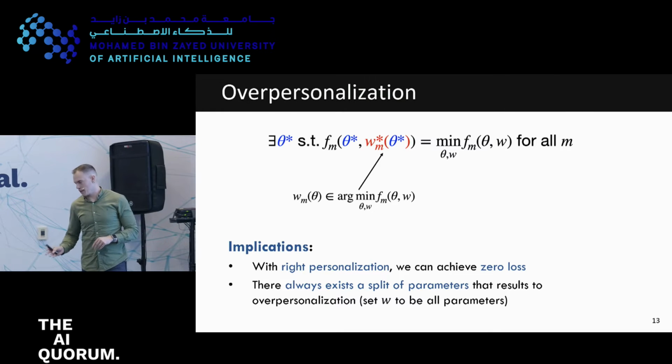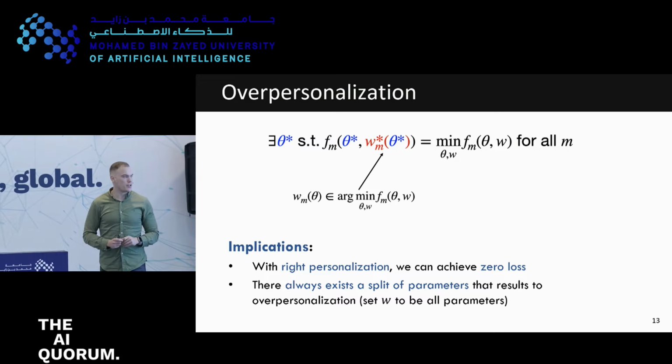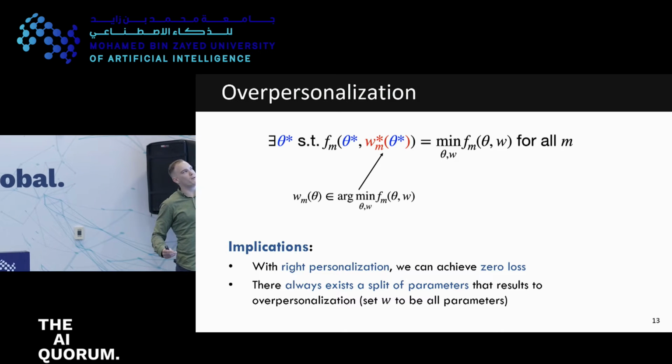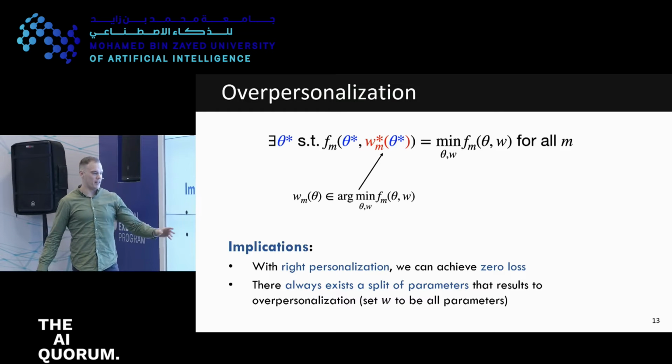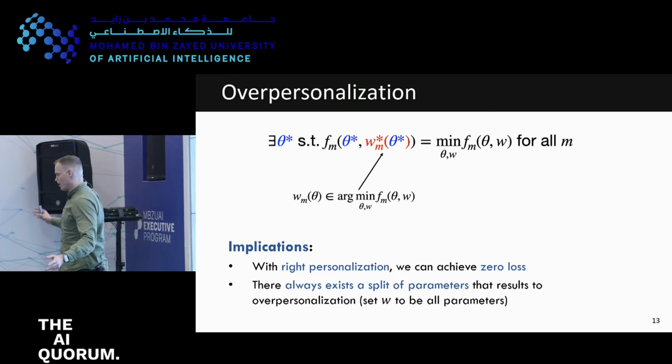Also, why do we frame this as an assumption? It is actually about as general as over-parameterization, because you can always achieve that. If you have a big model that has enough capacity, then if I just say that every single parameter is local, I am going to achieve this.